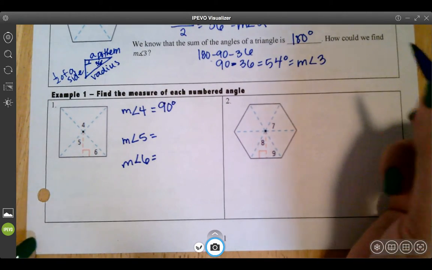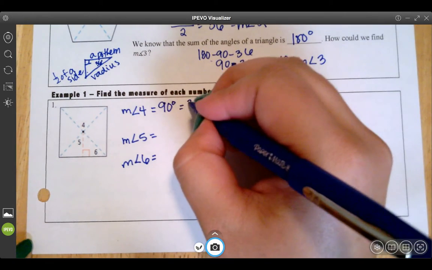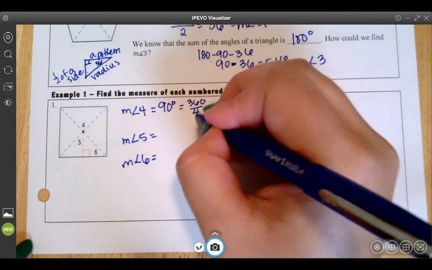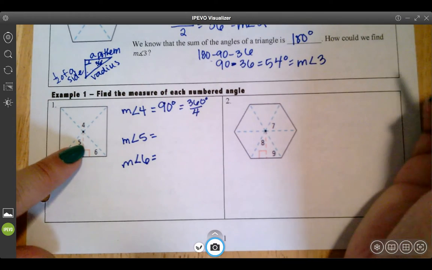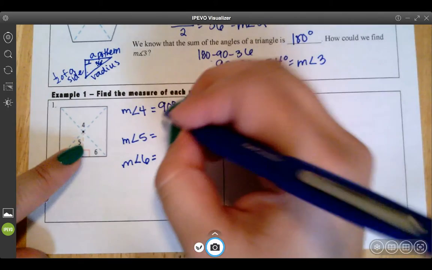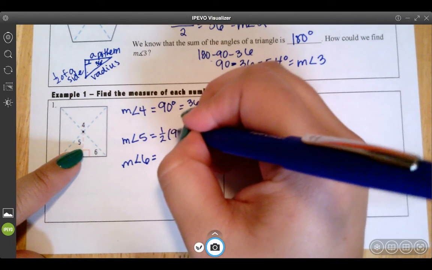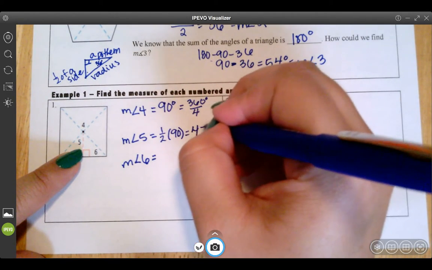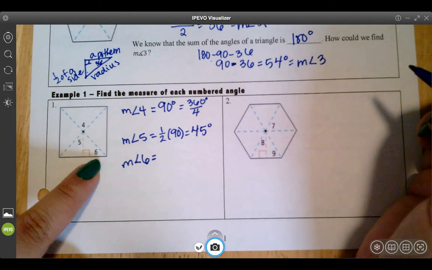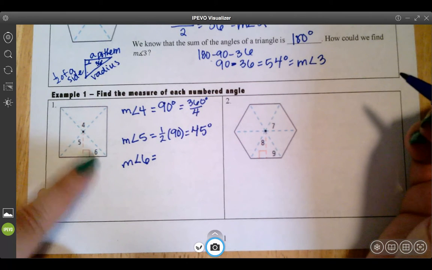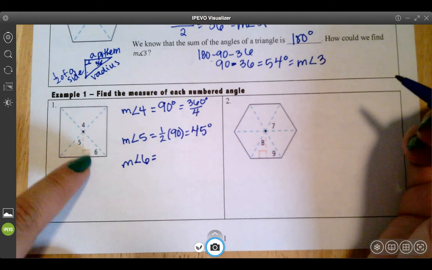With our new method, we can also say that this is 360 divided by 4. Notice you'll get the same answer. The measure of angle 5 is half of that. So 1/2 of 90 degrees is 45 degrees. And the measure of angle 6 is going to be 180 minus the measure of angle 5 minus 90.